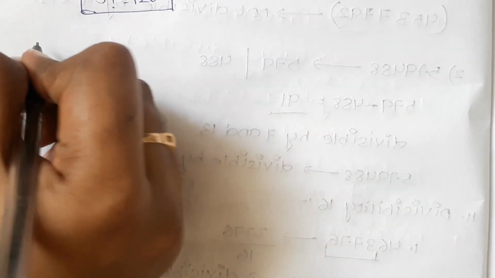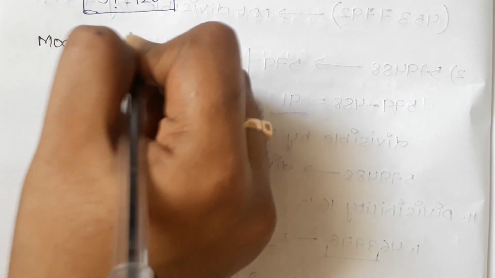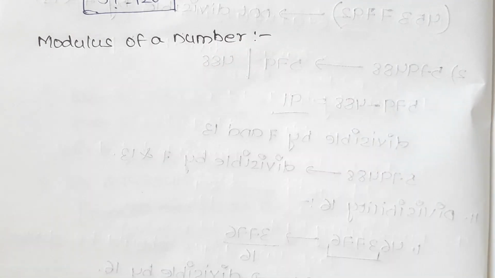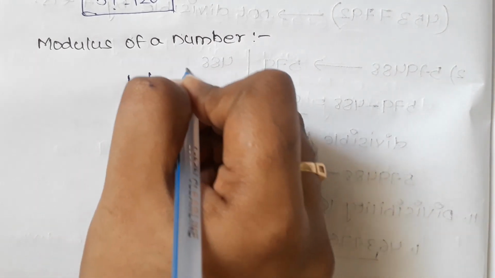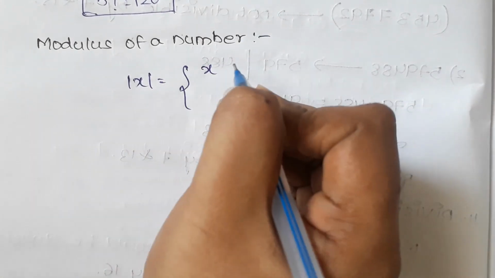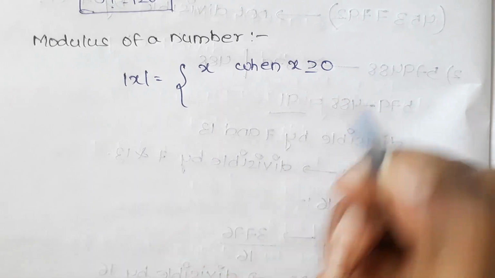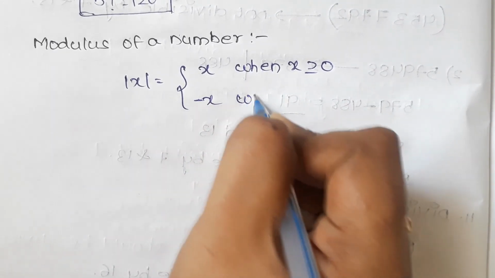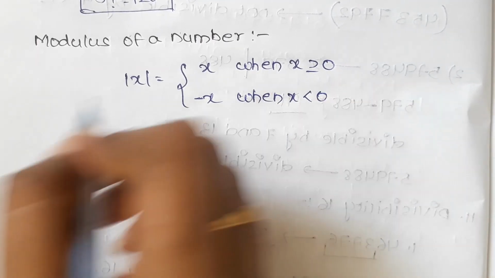And now let us see the modulus of a number. Here, modulus of x equals x when x is greater than or equal to 0, and modulus of x is minus x when x is less than 0.